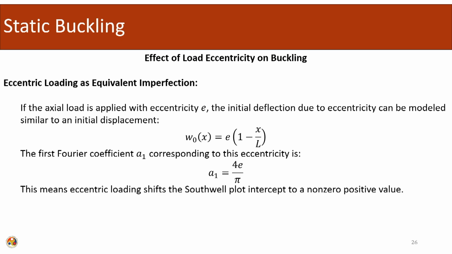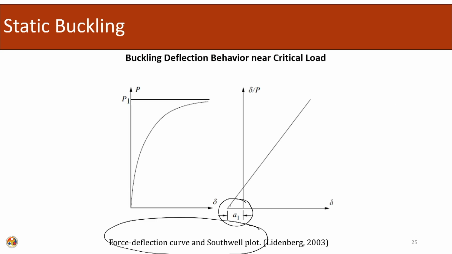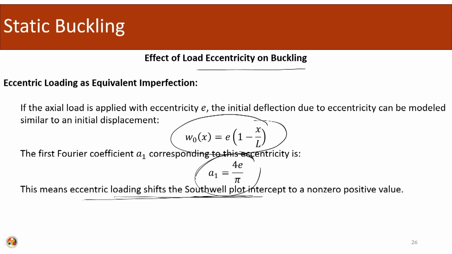After that we looked into the effect of the load eccentricity on the buckling. We modeled the buckling by this equation, and this was the coefficient corresponding to the eccentricity. And in this case the eccentric load shifts the Southwell plot to a non-positive value. In the first case it was having a negative value, and in the second case due to the effect of the load eccentricity it is shifting towards the right.